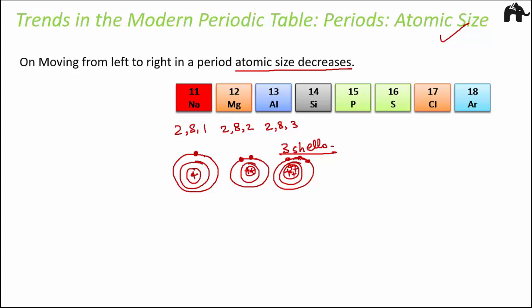Therefore, the power to attract the negatively charged electrons also increases. As a result, the size shrinks. The number of shells is the same, but with an increase in atomic number, you have more positive charge in the nucleus. Therefore, you have more power to attract the electrons. As a result, overall the size shrinks and therefore atomic size decreases.